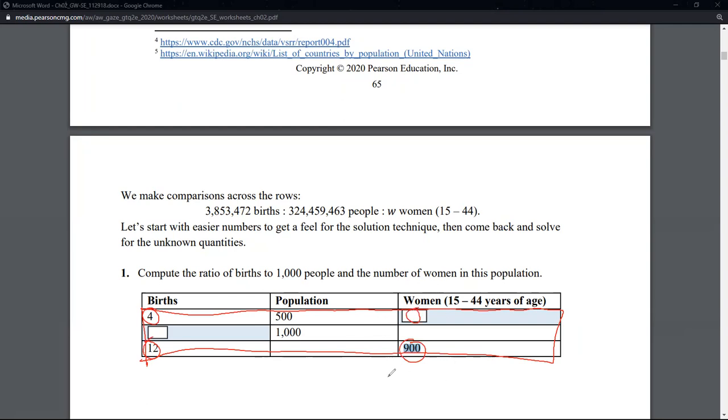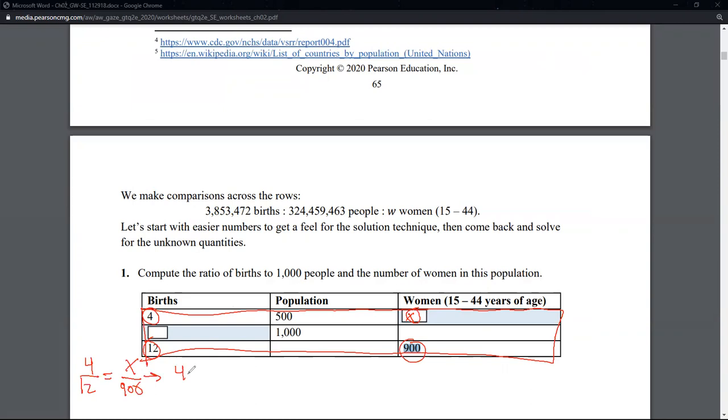So my red ink, let me squeeze that in over here. And again, I like to do top over bottom, so I'll go 4 over 12 is equal to x over 900. So I'm going to call this an x. Number, number, number, variable, perfect. We can cross multiply.